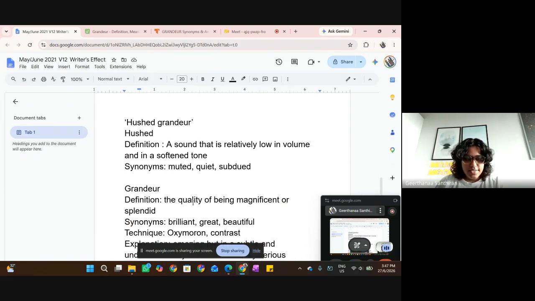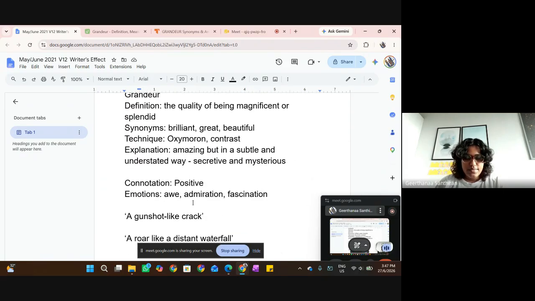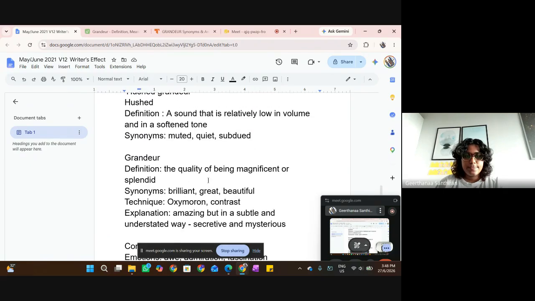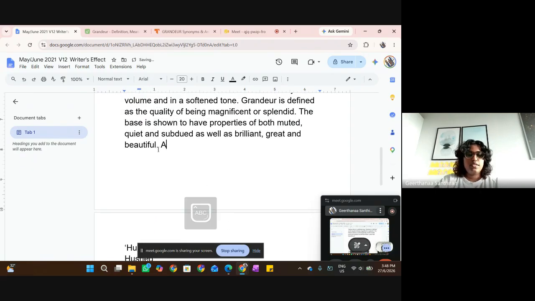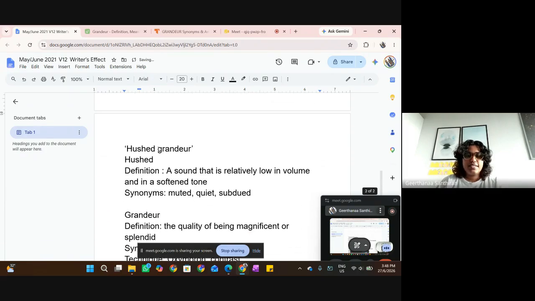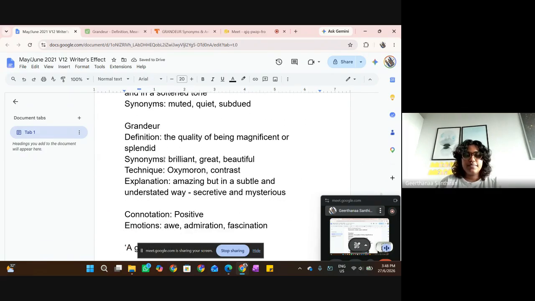So we have our synonyms. And then we can put together the oxymoron, what it means as a whole, right? As a whole, these contrasting words highlight that the bass is amazing, but in a subtle and understated way.